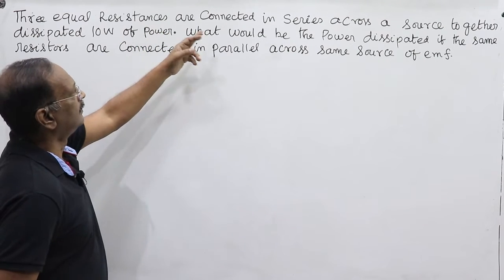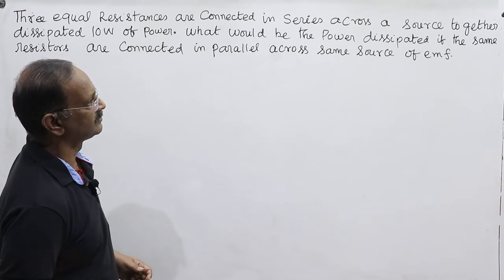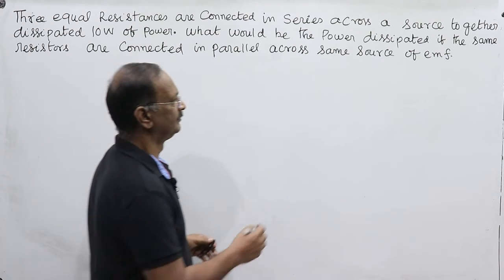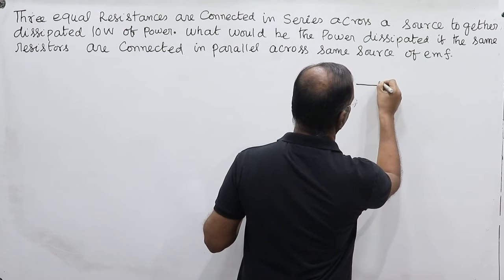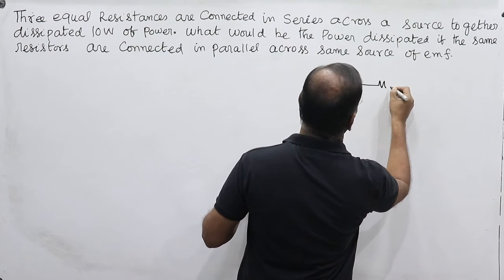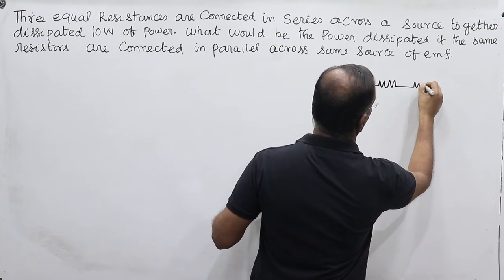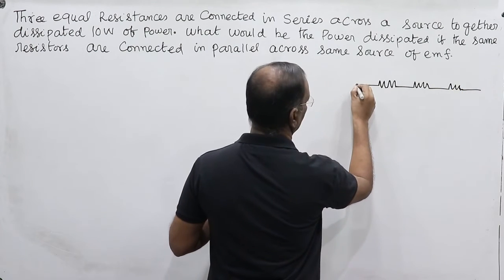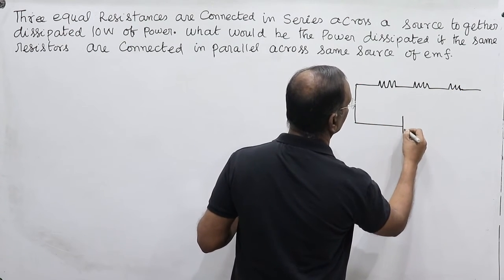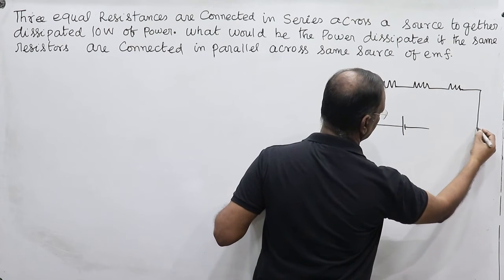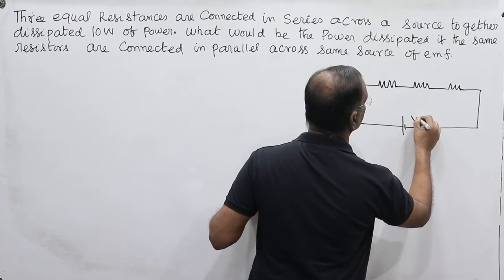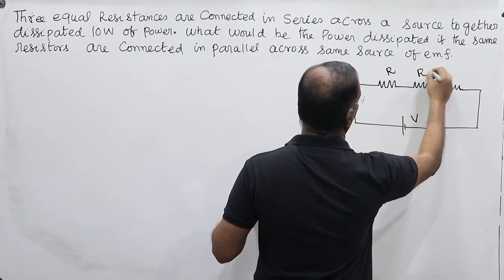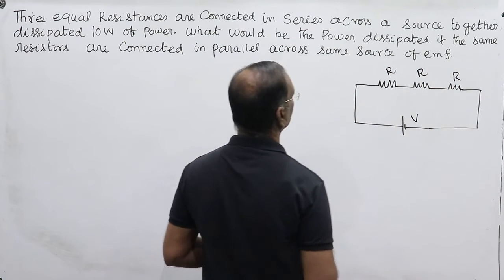Three resistors are connected in series across a source, together dissipating 10 watt of power. First, three equal resistors 1, 2, 3 are connected across an EMF source V, that is R1, R2, R3, all equal.